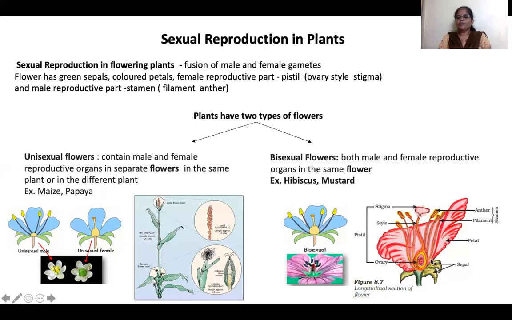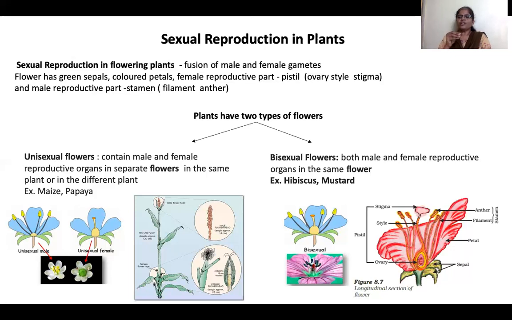This is a male reproductive part that grows from the base of the ovary. This thin tube is called filament. At the end, we have a bilobed structure called anther. On this anther, there are small powder-like pollen grains. The anther releases pollen grains.